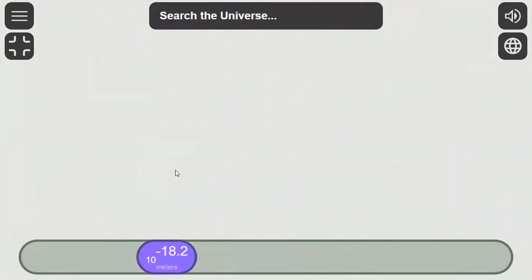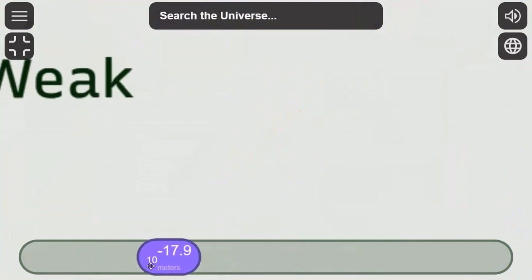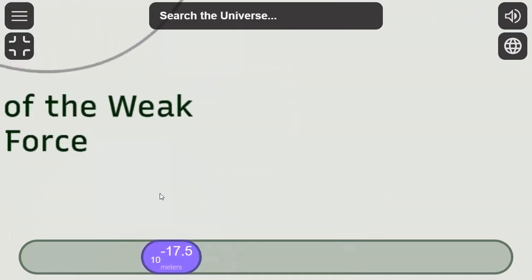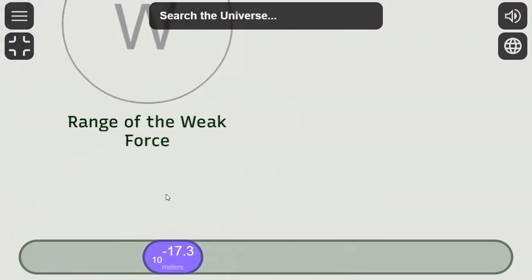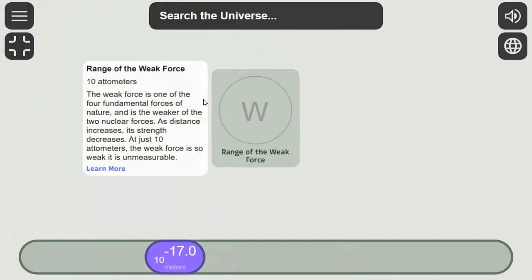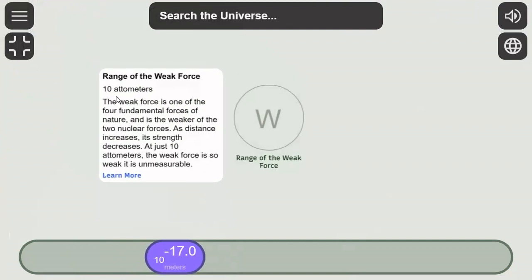Now we keep going toward the largest. Look, we reach up to 10 raised to the power minus 17. Range of the weak forces. So the range of the weak forces is about 10 attometers. The weak force is one of the four fundamental forces of nature and is the weaker of the two nuclear forces.